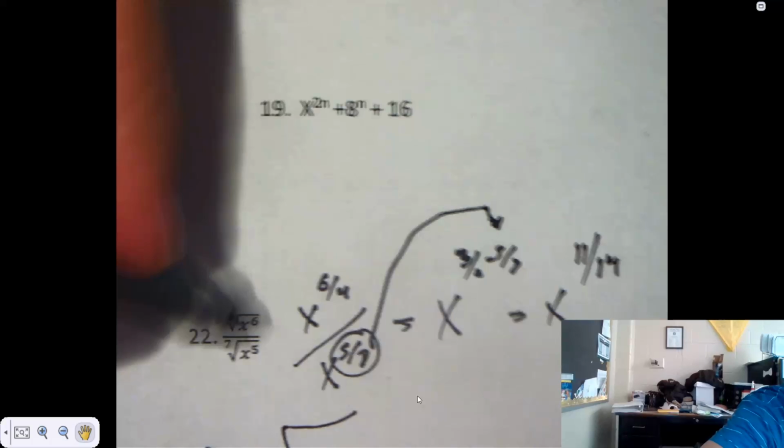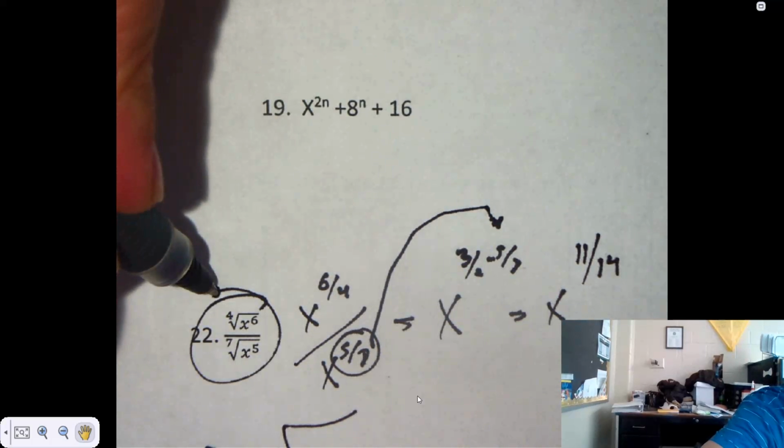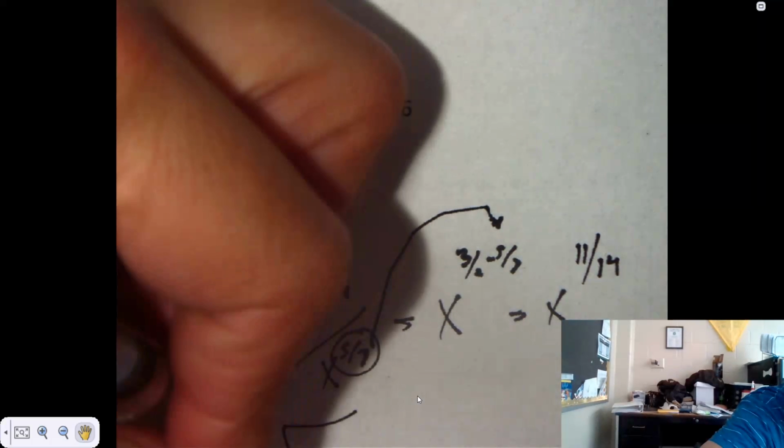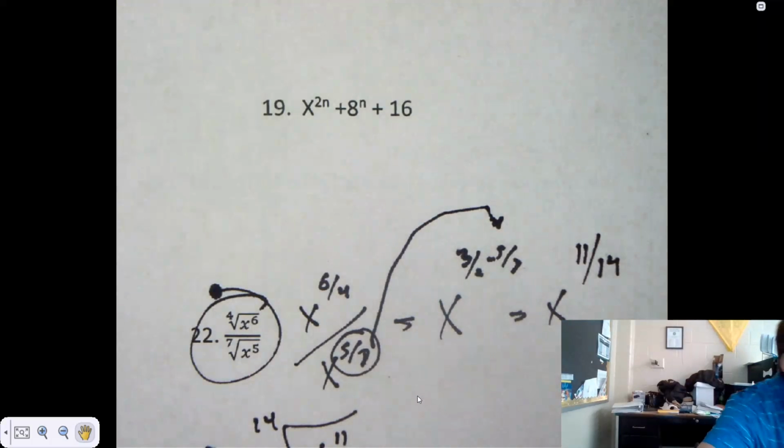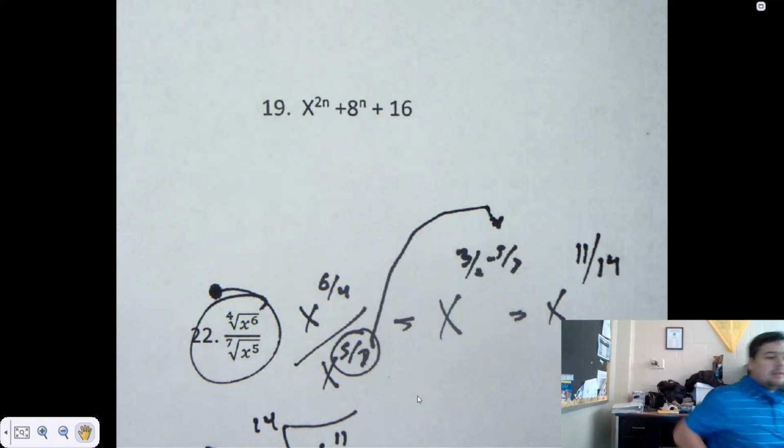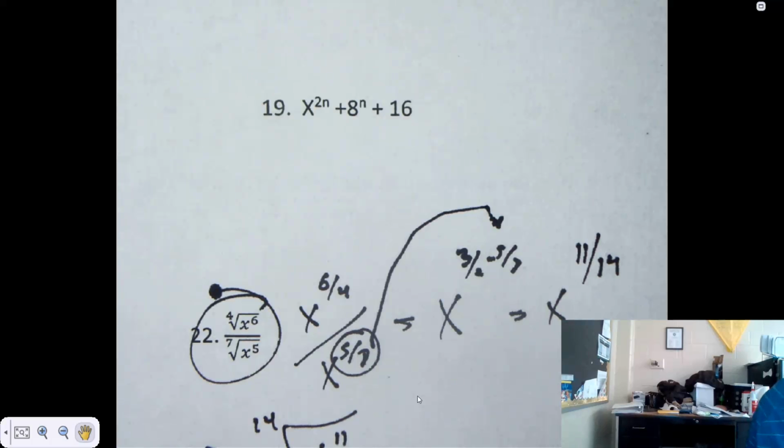But it's written as a radical. It's the 14th root of x to the 11th. But I put money on it. What I did is I did x to the 4/6 and x to the 7/5 in my head. Because I do have an issue doing that from time to time.